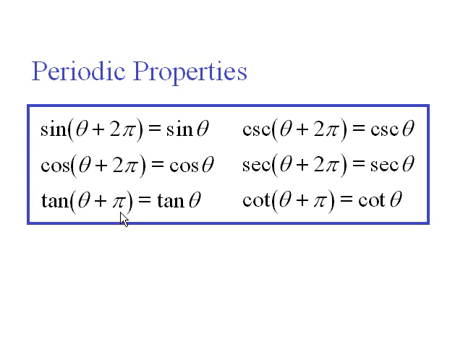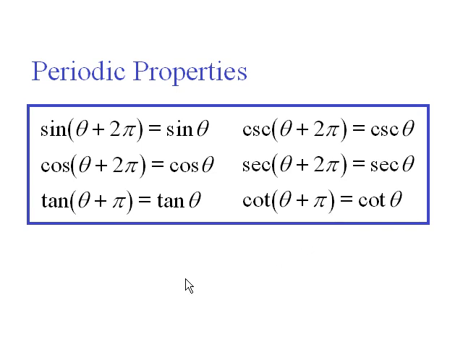Only pi units for the angle measure is all it takes to get back to a value of tangent that matches what it was before. So sine, cosine, and their reciprocals are periodic of period 2 pi. Tangent and its reciprocal, cotangent, are periodic of period pi.